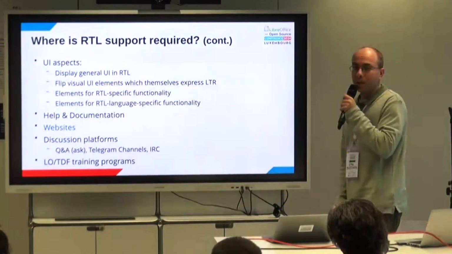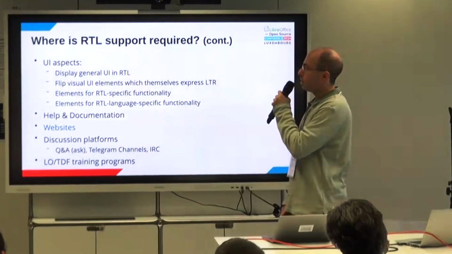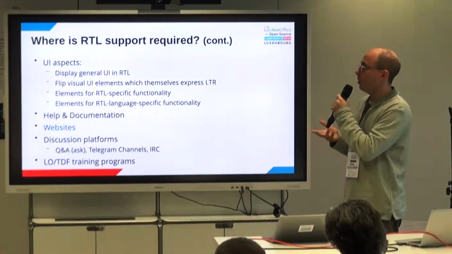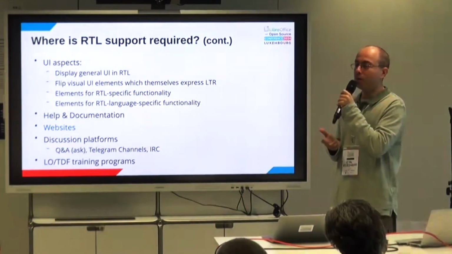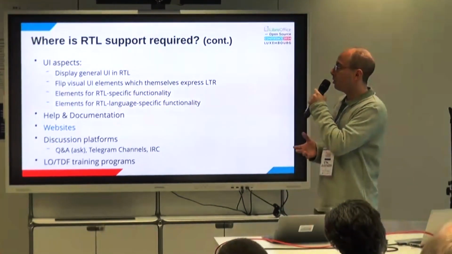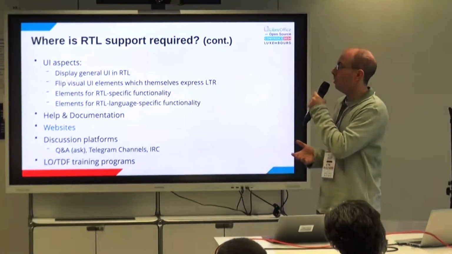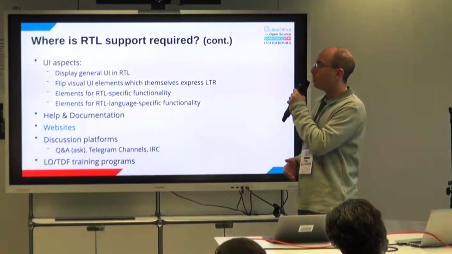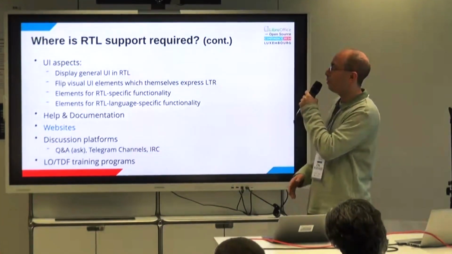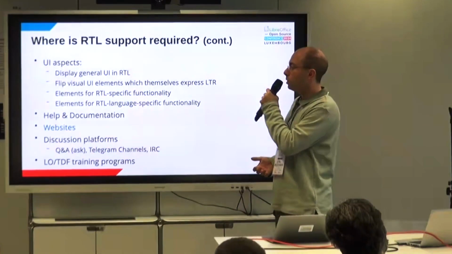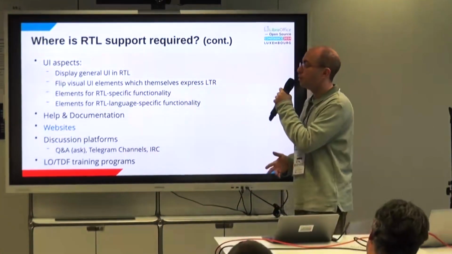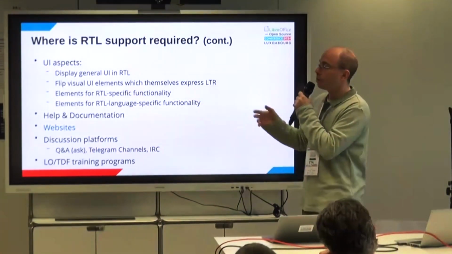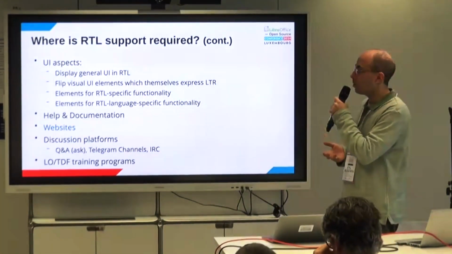Then, of course, there is the user interface. So we also need to be able to have a generally right-to-left user interface. But even in the left-to-right interface, some things may need to account for right-to-left content. So sometimes we need to flip things. Sometimes we need to consider right-to-left specific functionality and represent that in the UI regardless of what the general UI direction is.